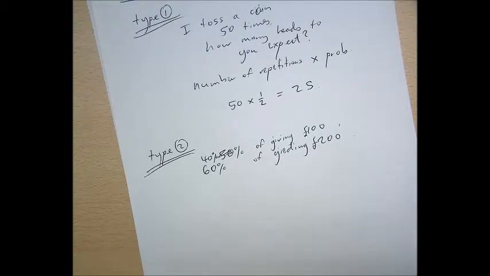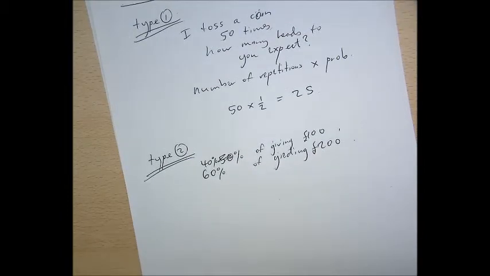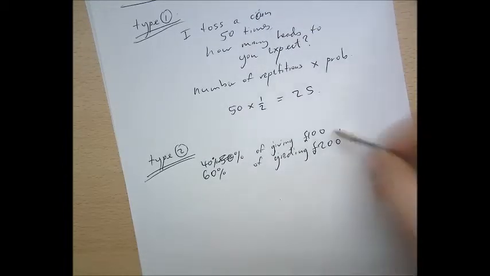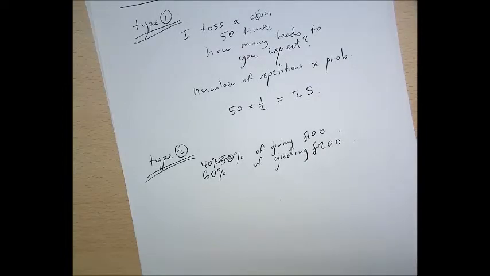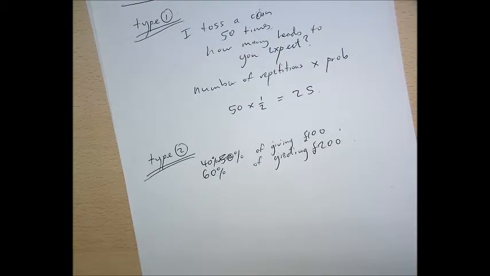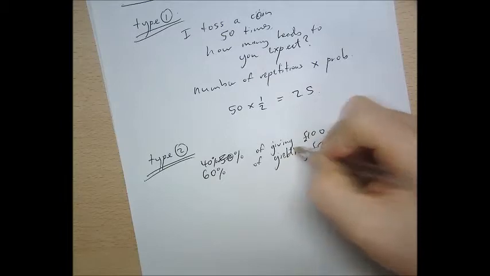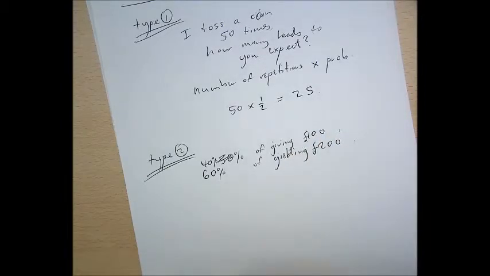Okay, now the words on average are important here. What we're doing is imagining that we do this investment every year until we die. In some years it'll give us £100, in other years it'll give us £200. If we took all those years and added up all the yields that we got and divided by how many years there were, what would that be on average?